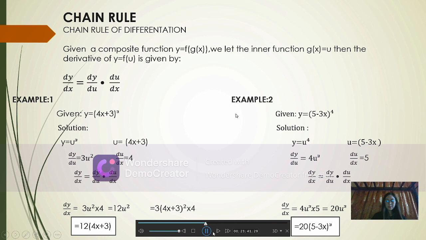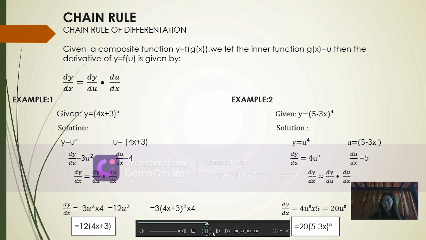So, example number 2. Given natin is y is equal to (5 minus 3x) to the 4th power. So, solution. Y is equal to u to the 4th power. So, yung dy over du natin is 4, yung y natin is equal to u to the 4th power.